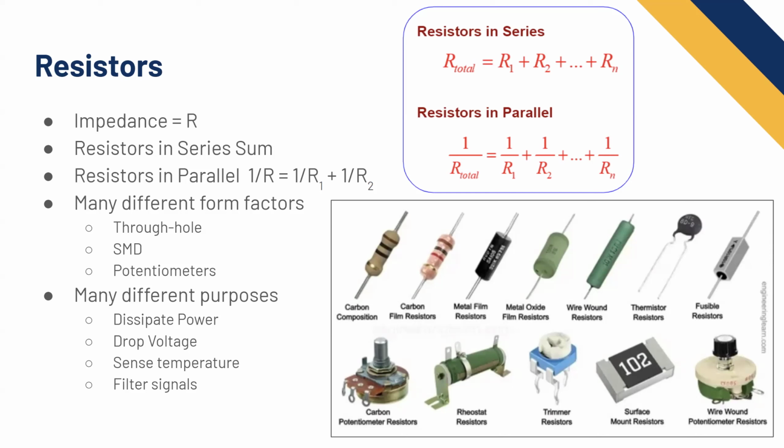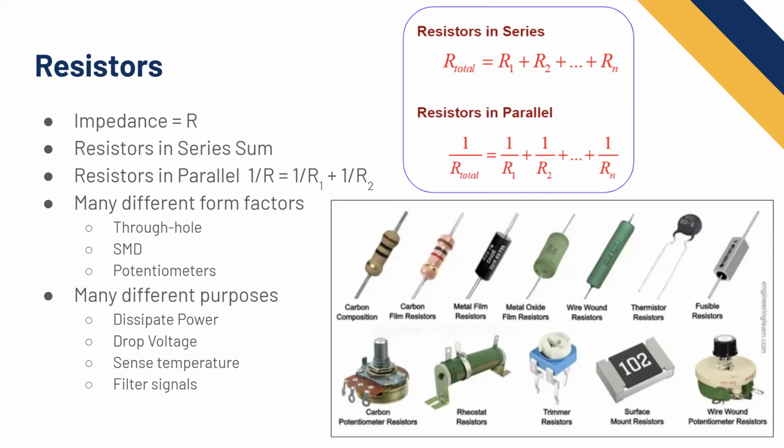Then there's other things like potentiometers, where you can see there's one on the far right on the bottom. That's like a resistor with a swiper in the middle. So you can change where the middle sensing point of that resistor is. Sometimes it's a bar or a round circle, and you can change how much of the resistance you see.